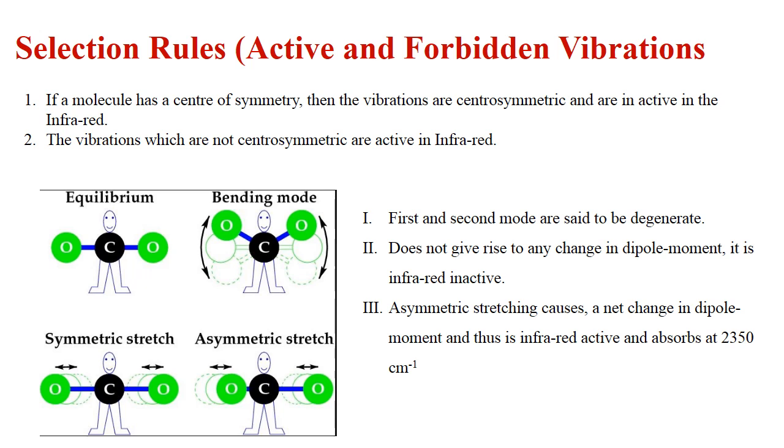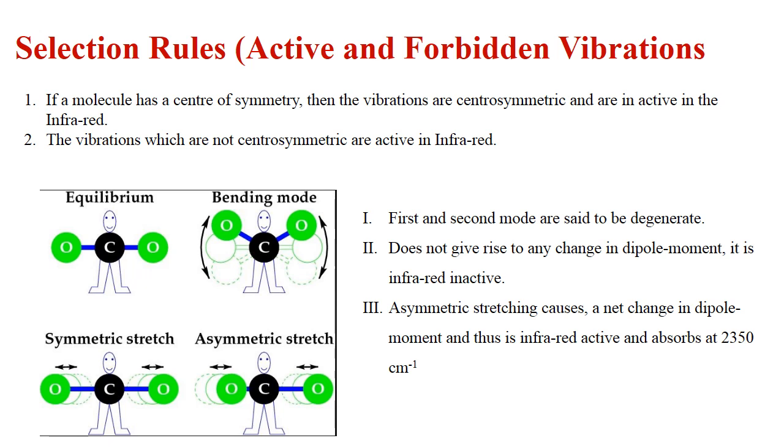So the vibrational degree of freedom for a CO2 molecule is 4. So here you can also see that it can show the 4 modes of vibration: one is the equilibrium state, second is the bending state, third is symmetrical, and fourth is asymmetrical stretching.